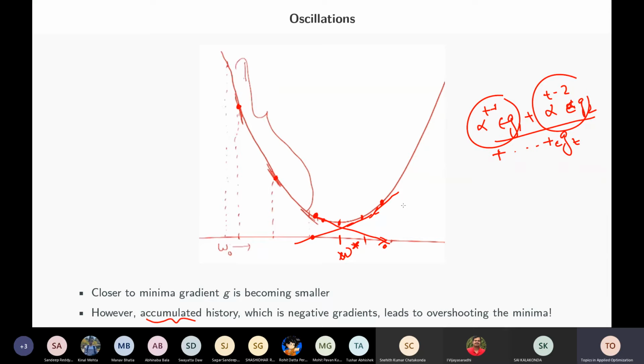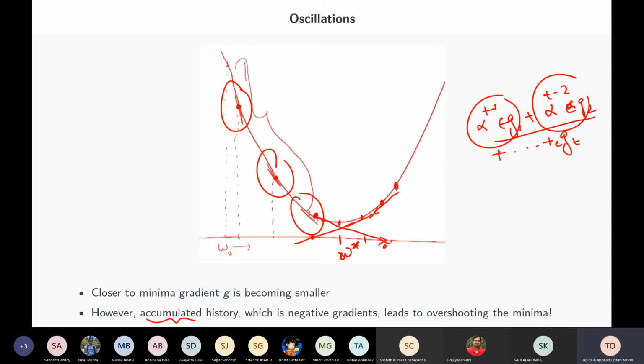There is a possibility that I will overshoot because all my previous gradients will get accumulated. And then they will make a lot more decrease than the usual SGD that would have done a small decrease. Adding so many decreases will make it a lot more decrease. In other words, I will overshoot in that case.